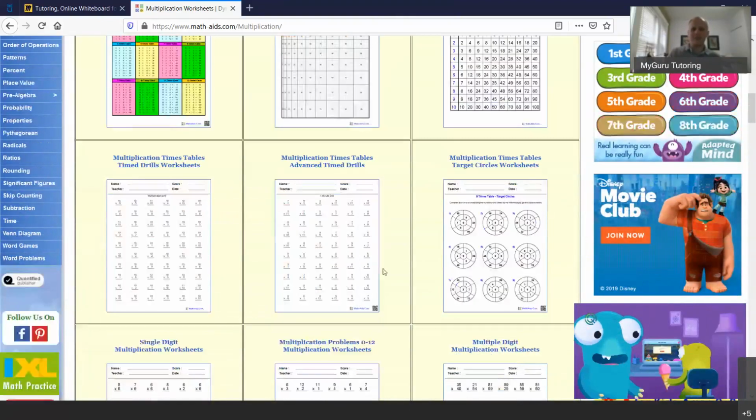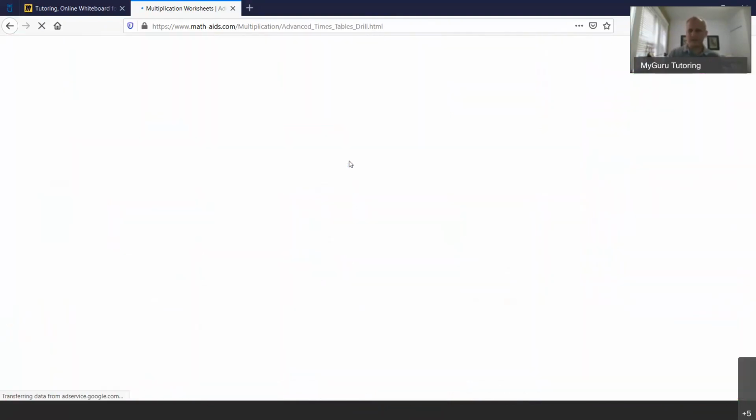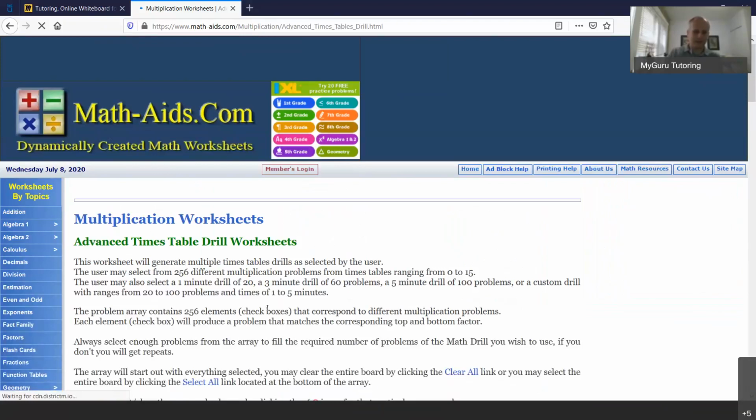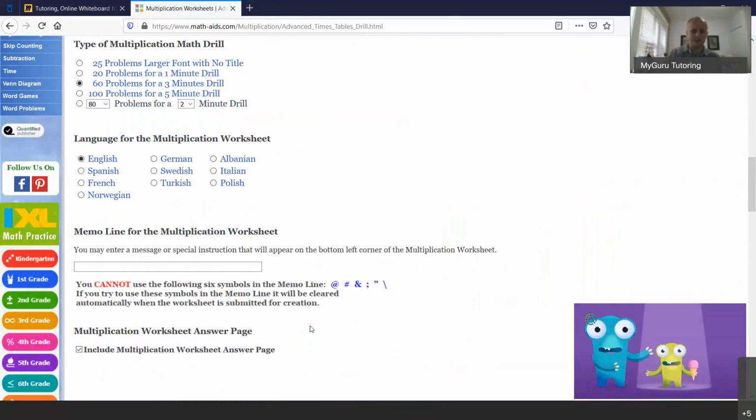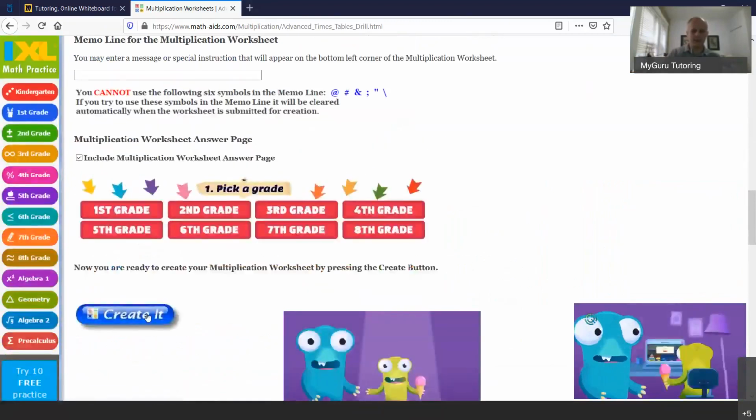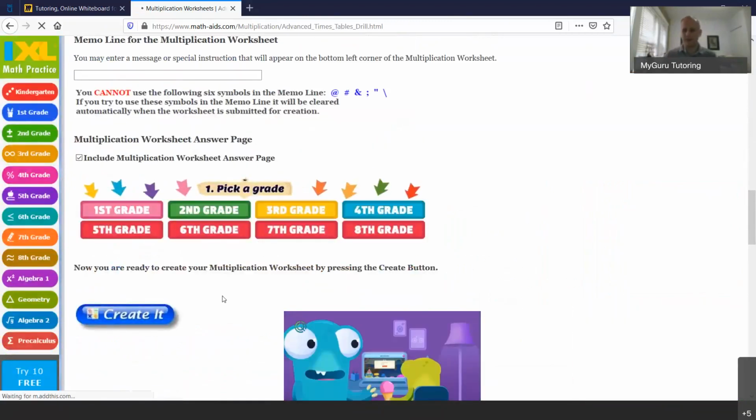For the GRE, the advanced time drills are probably going to be sufficient. If I click on the advanced time drills, I can scroll down and select all of these factors. You see they're all selected. I can even do it in different languages if I'm so inclined. Then I click the big blue button that says create it, and I get a brand new worksheet.